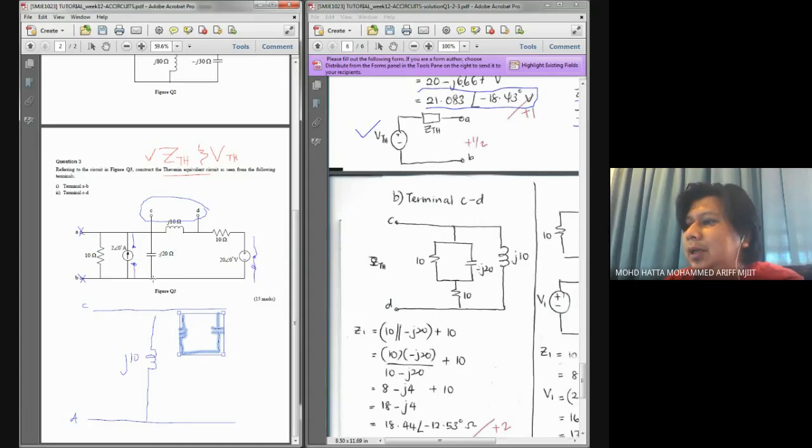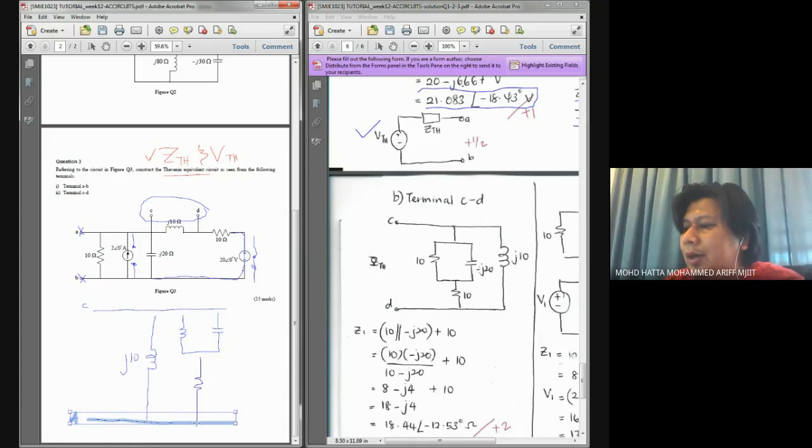So it means I have a direct connection up until this part. At the bottom over here, I would consider another element. Maybe I can draw it here, which is 10 ohm before it goes to my terminal D. So this is my 10 ohm connection.